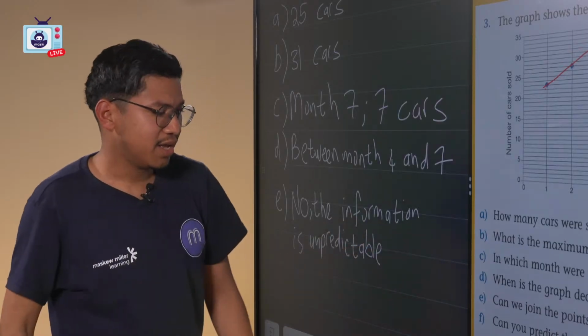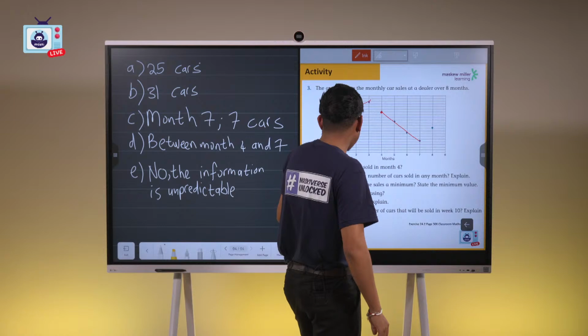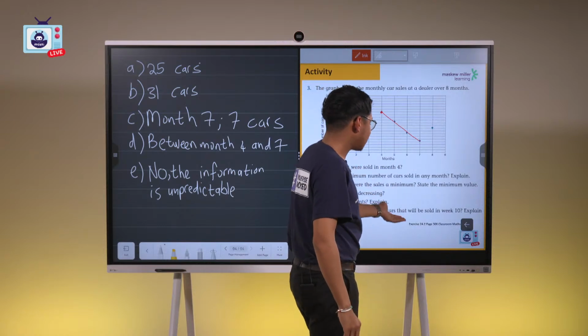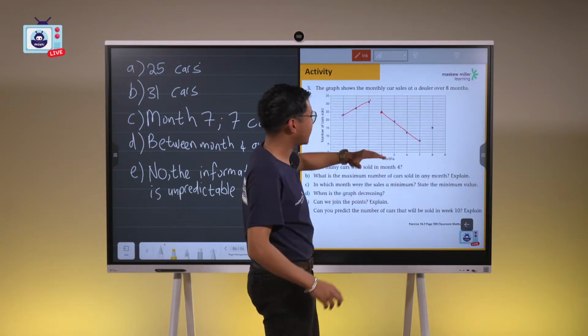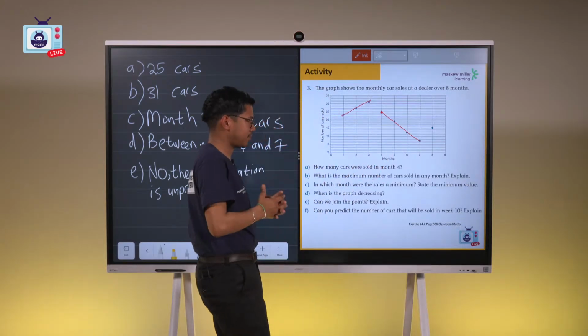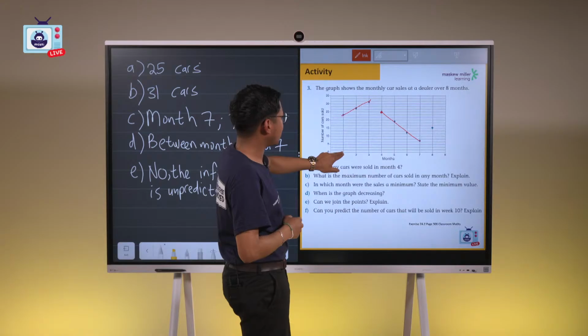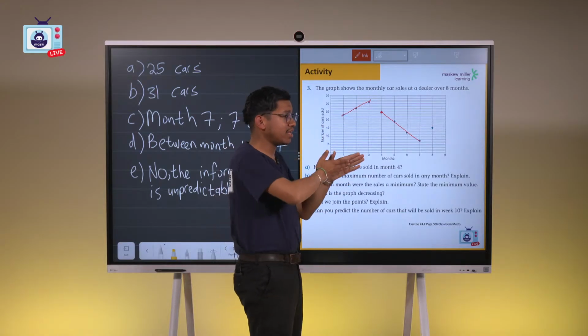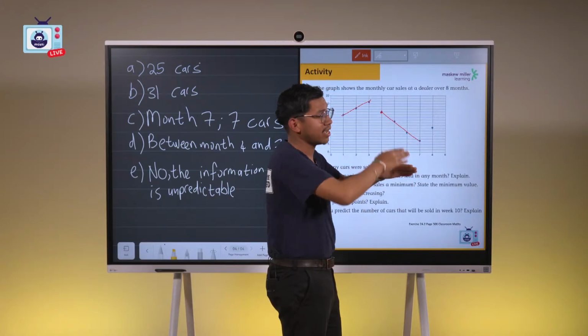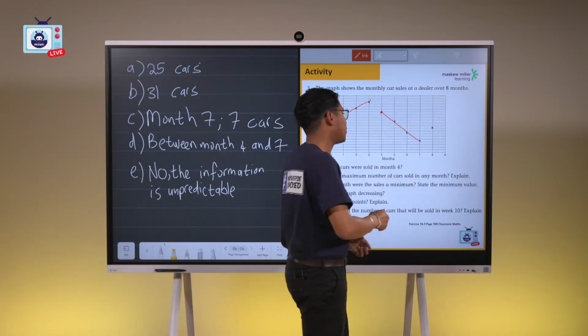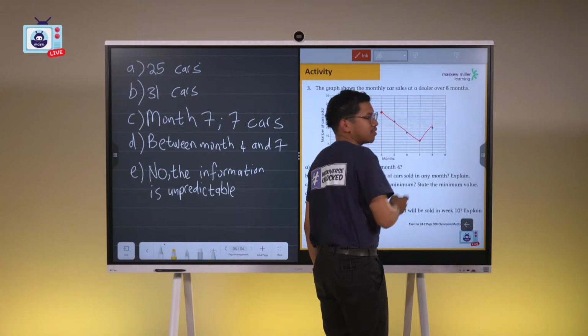All right? And then it is asking again, can you predict the number of cars that will be sold in the 10th week? So again, let's interpret this graph and see, can we predict what's going to happen? So from month 1 till month 3, I had an increase in my car sales. From month 4 to month 7, I had a decrease in my car sales. And then all of a sudden, I had another increase, right?